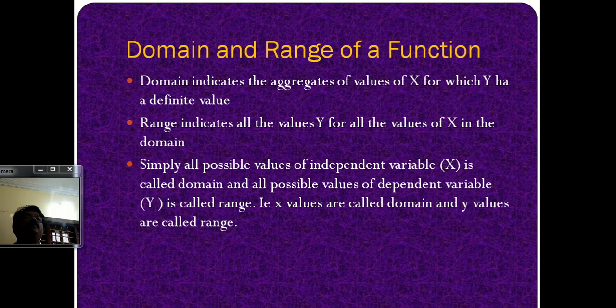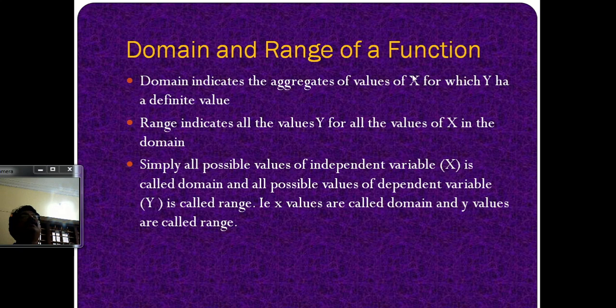So x is your independent variable. What are the possible values that can be assumed by this independent variable x is called its domain, provided that it should derive a definite value for y. When you substitute this value in the function, you must get a value for y.